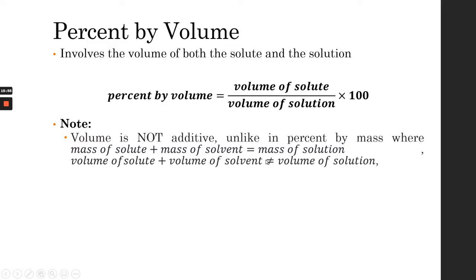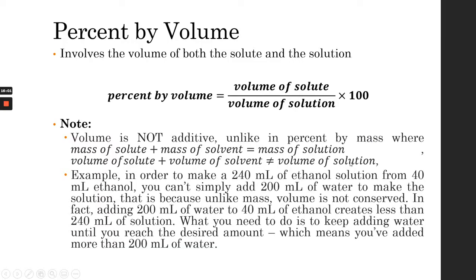Again, you cannot get the volume of the solution. Example: you want to make 240 ml of ethanol solution, meaning an ethanol plus water solution, and you start with 40 ml of ethanol.